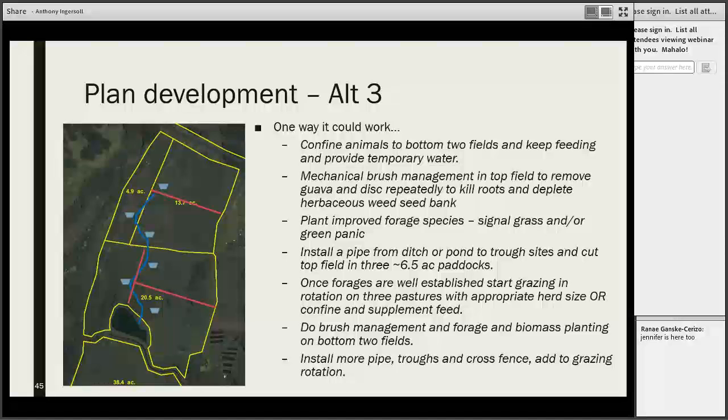Then we could jump down below and do brush management down there and forage biomass plantings, possibly on those bottom 2 fields maybe, and install, after we do the planting and stuff, do like we did up above, add on some more pipe and troughs, some cross fencing, and now we've got a decent 6 paddock rotation on a landscape that's been restored to productive grazing land.